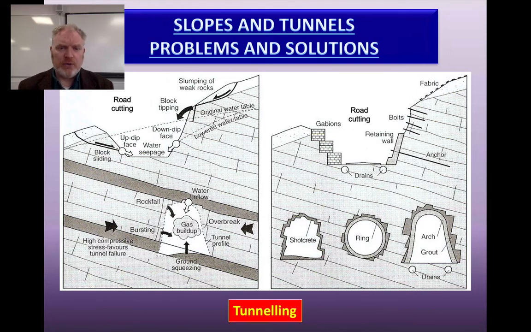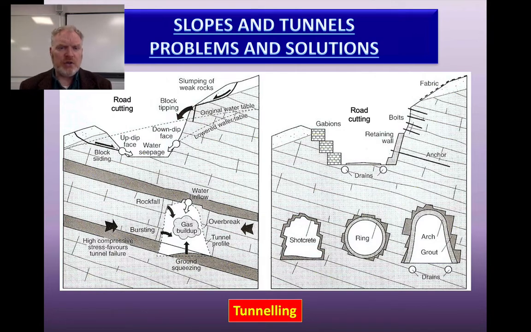If you're going on the A48 from Bridgend towards Cardiff, as you go over the flyover that goes by the school, and you start going up the hill there to the Downs, you're going through a road cutting that's been dug to reduce the angle of the A48 so it doesn't slow the traffic down too much. Now you can see there we've got problems with potentially rocks falling into the cutting. There's also problems with water.